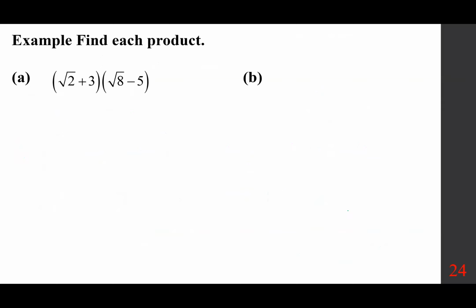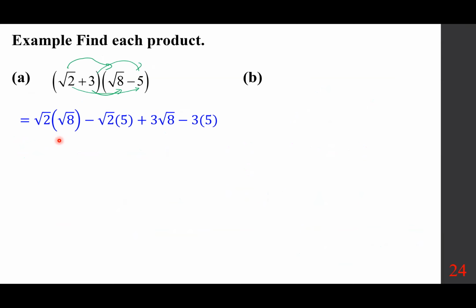All right, we want to multiply this again using foiling. So we multiply these two, we get square root of 2 times square root of 8. Multiply these two, multiply these two, multiply these two, and we write them in this fashion. Now, this is 16, square root of 16. This is 5 square root of 2 with the negative in front, 3 square root of 8.